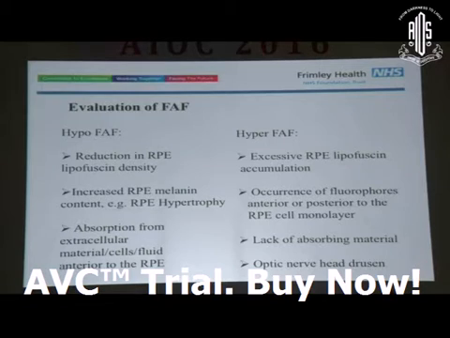And hyper fundus autofluorescence is due to the excessive RPE lipofuscin accumulation and occurrence of the fluorophores anterior or posterior to the RPE cell monolayer, or lack of absorbing material, for example, optic nerve head drusen. So basically, if you have hypo fundus autofluorescence, your RPE cell is already dead. And if you have hyper fundus autofluorescence, the RPE cells are dying. So that's what it tells you.